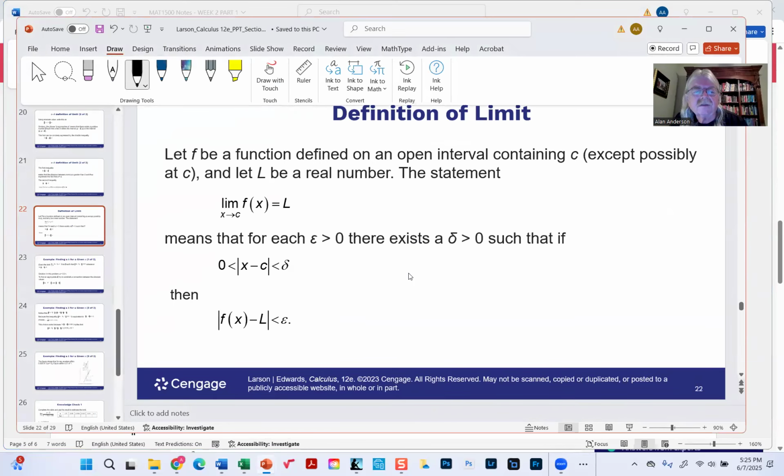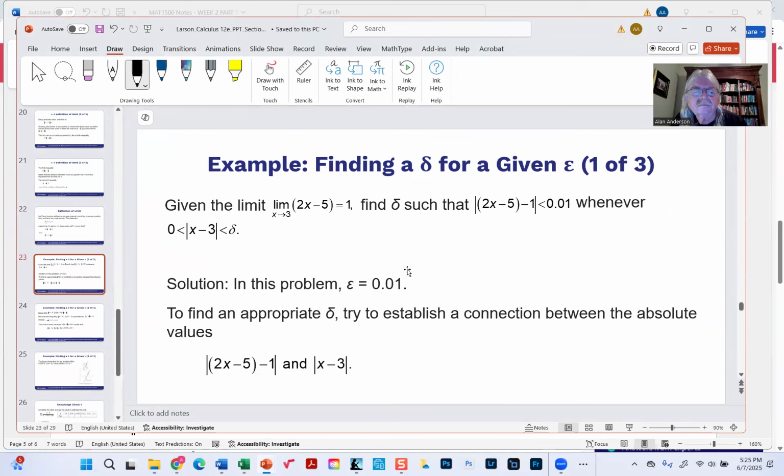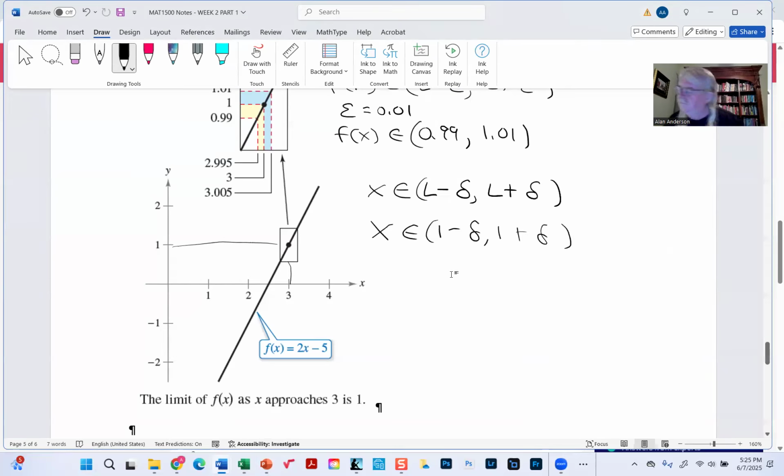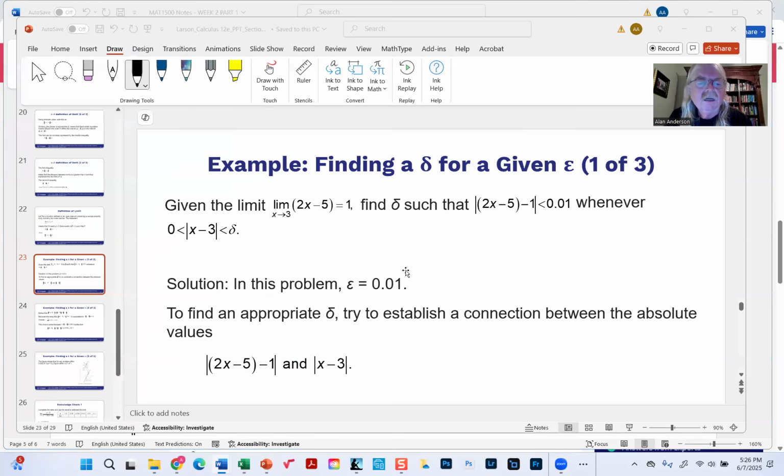And the way they're going to have us do this is to compare. The one on the left is 2x minus 5 minus 1, which is f of x minus L. The one on the right is x minus the limit.